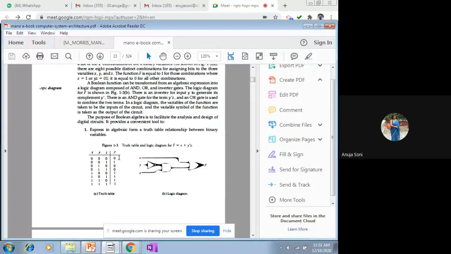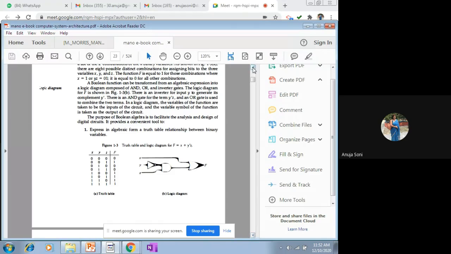Similarly, you go on placing the values for the remaining combinations of the input values, and ultimately you will get the final value of the function variable f. So this way, we need to understand the behavior of this logic circuit diagram: if specific input values are injected, what function value it is going to generate.